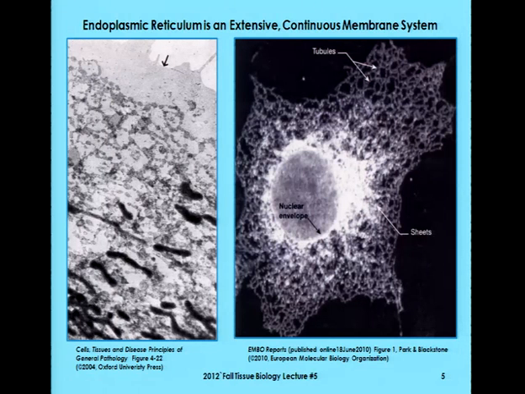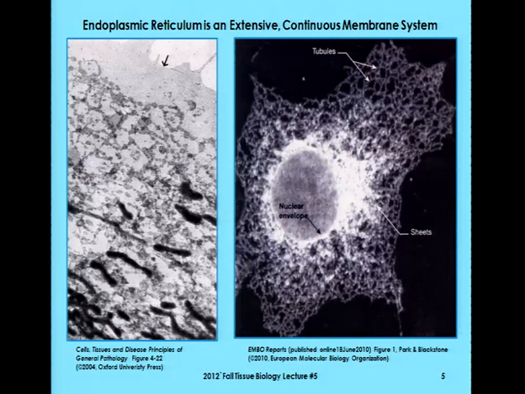This EM was generated by studies of Keith Porter, who was one of the founding fathers of cell biology. And at that time, back in 1944, electron microscopes existed, but a way of producing thin sections of specimens was not available.